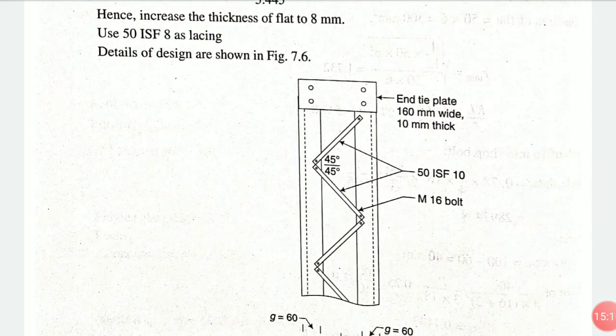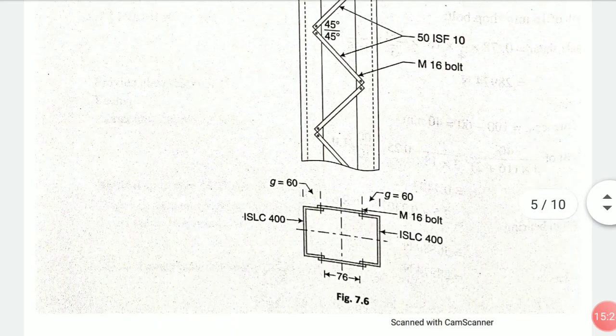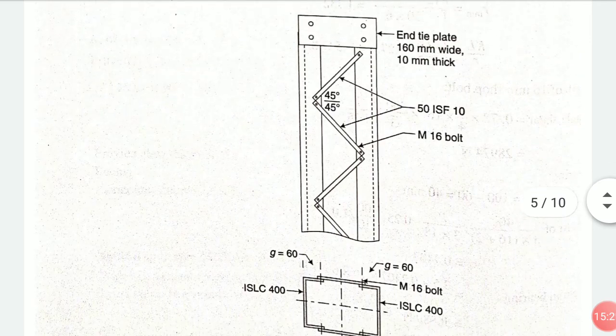End plate 160 mm wide, 10 mm thick, 45-degree inclination, you show. The lacing which we have used, you show 50 ISF 6, you have to write 50 ISF 6, and at the end we have used 16 mm bolts. So you have to indicate it in the diagram at the end something like this.